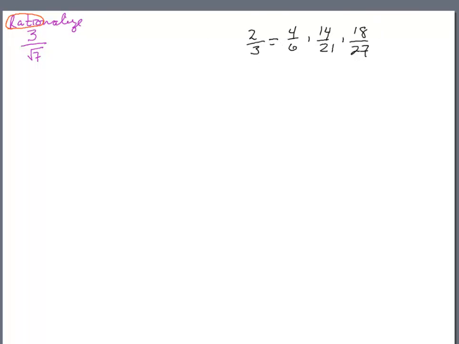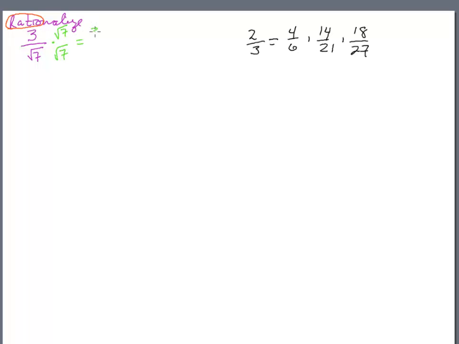Well, here we are going to do the exact same thing. We're going to times by something on top and bottom that will turn this bottom guy, the denominator, into a rational number. Well, we could pick a lot of things. The easiest one is timesing by the square root of 7.